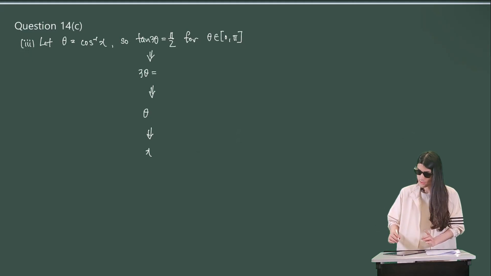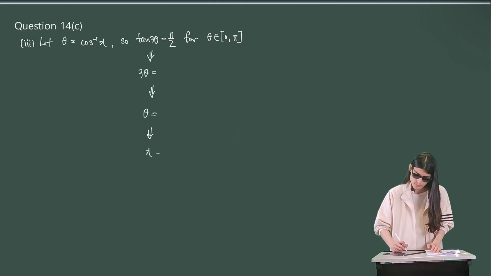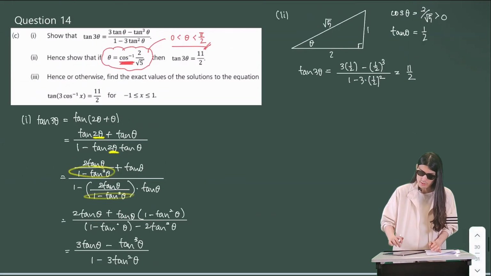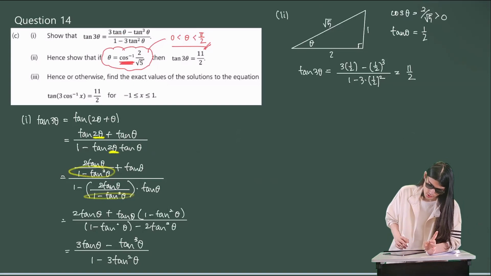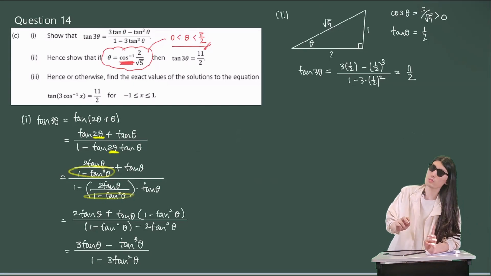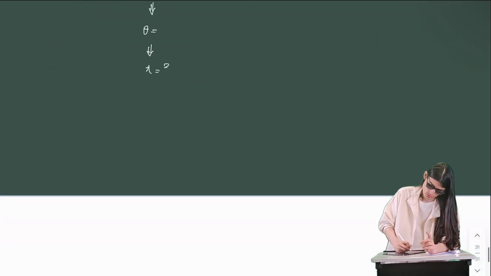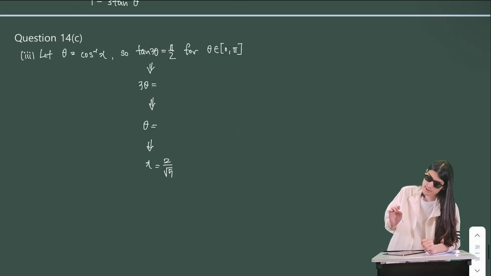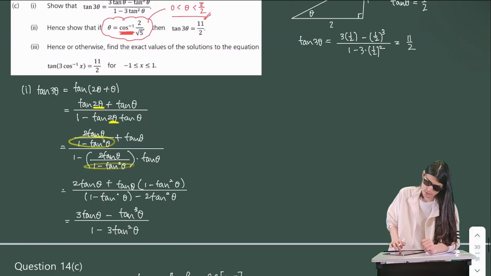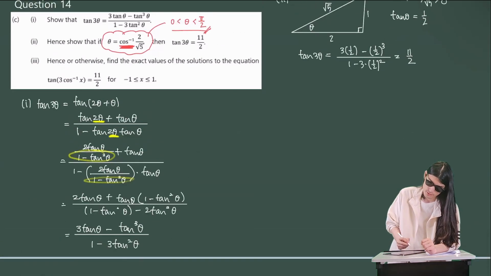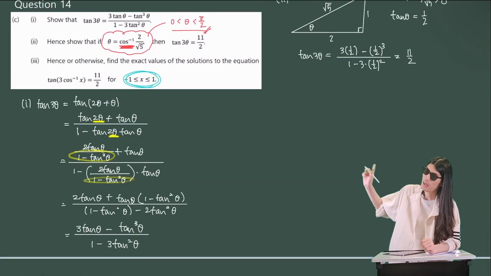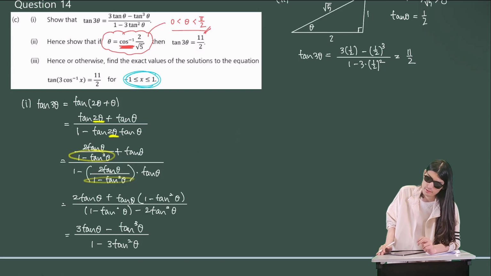But in that process, guys, part 2, the previous part, has already told us one of the solutions. And that solution is, of course, 2 over root 5. Why? Because x equals 2 over root 5 is a value that lies inside -1 and 1.